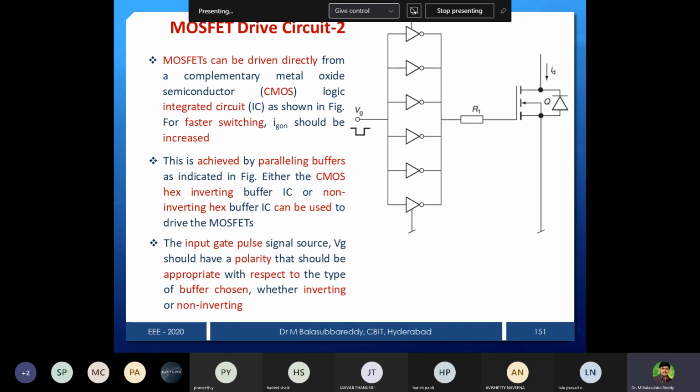The input gate pulse signal source, VG, should have a polarity appropriate to the type of buffer chosen, whether inverting or non-inverting. This is all built into the IC. The series resistance R1 is used to limit the turn-on gate surge current, and it is selected based on R1 is VCC by IG plus.